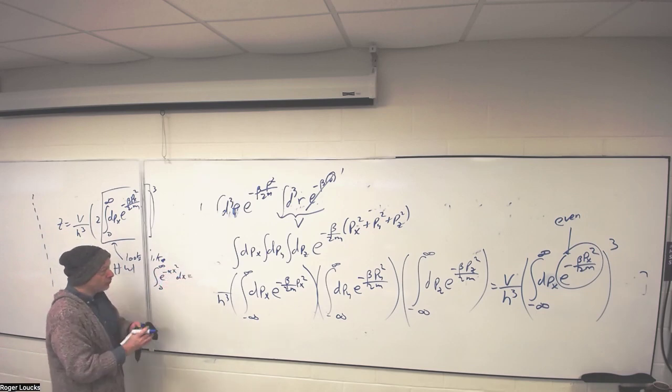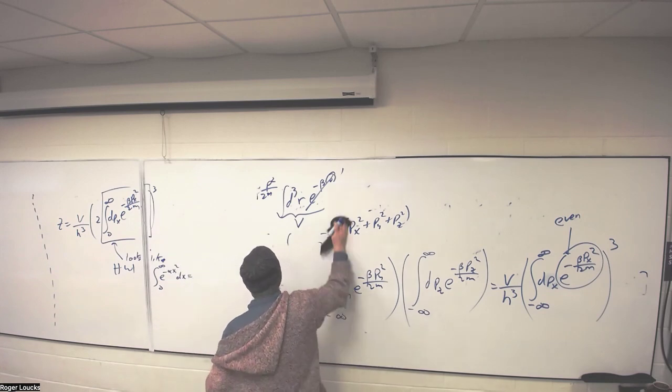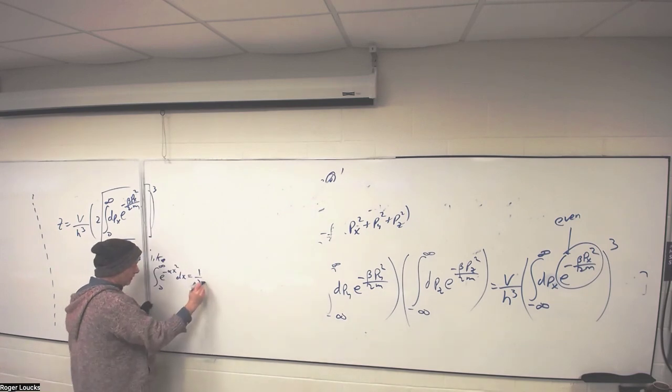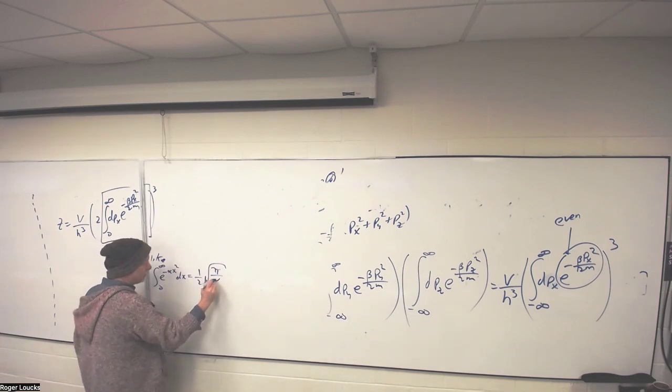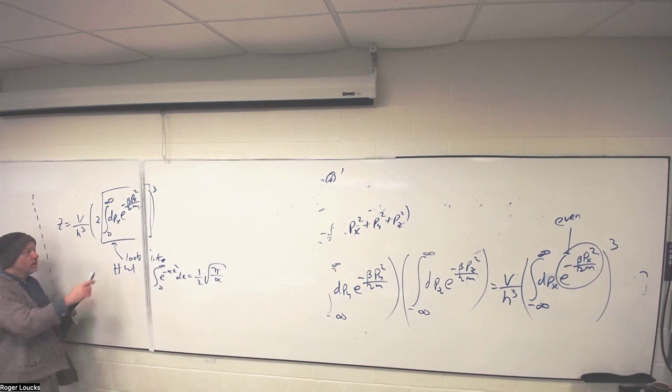I said memorize that integral because it occurs all the time. It's one half square root of pi over alpha. So in this case here, what is our alpha? Beta over 2m.